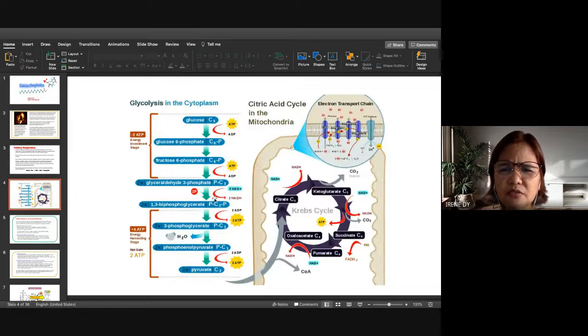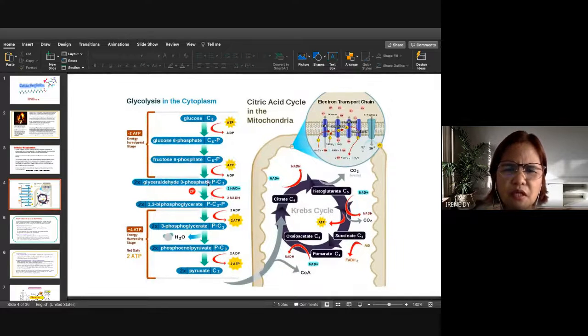So magtataka siguro kayo, sabihin nyo, oh mama, ano nangyari? Doon sa glycolysis natin class, mayroon siyang, sa bawat step, no? Okay, glucose is C6, 6 carbon. Converting glucose to glucose 6-phosphate, okay, you will be releasing ATP to ADP.